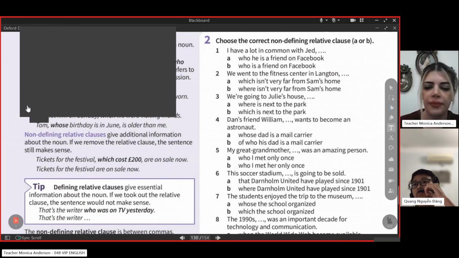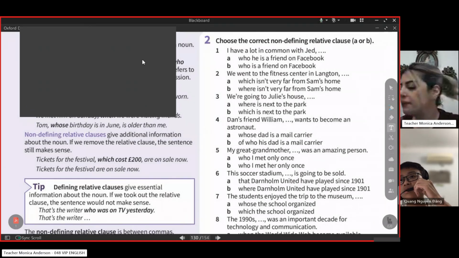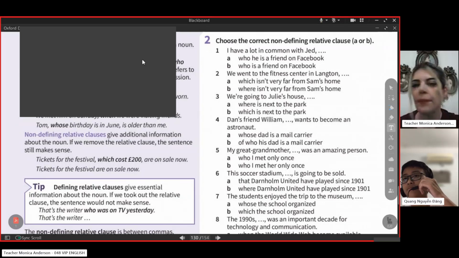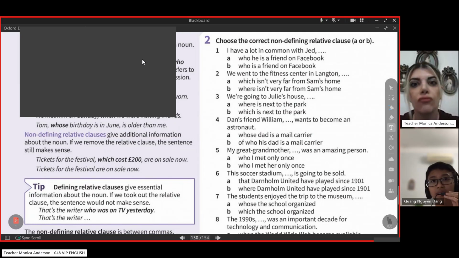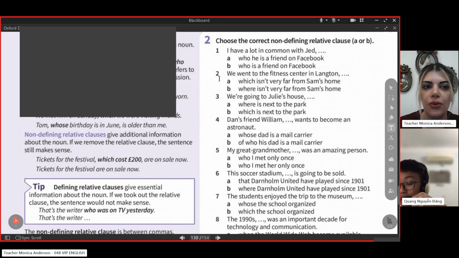Number one: I have a lot in common with Jet, B, who is a friend on Facebook. And of course, A or B is correct. Who he is a friend or who is? Wow, that's a surprise.